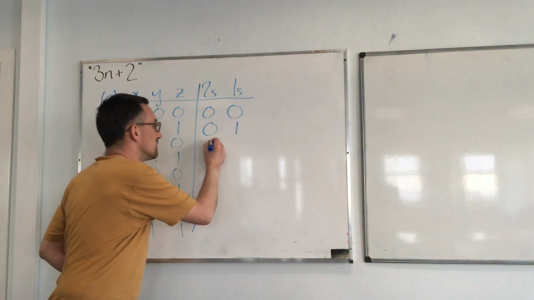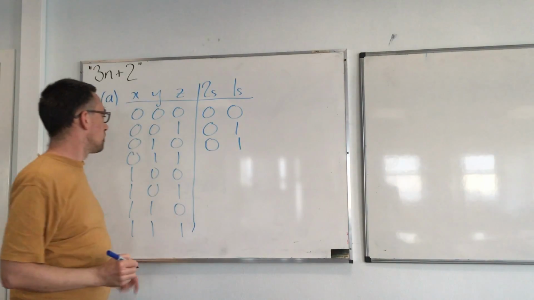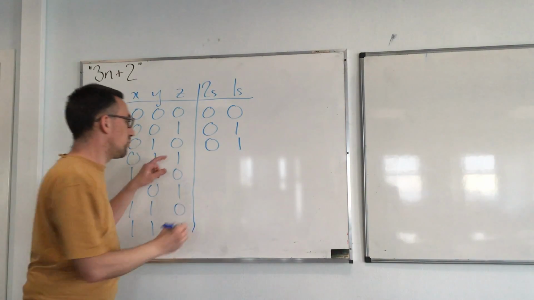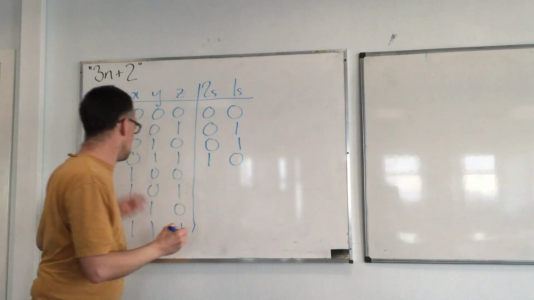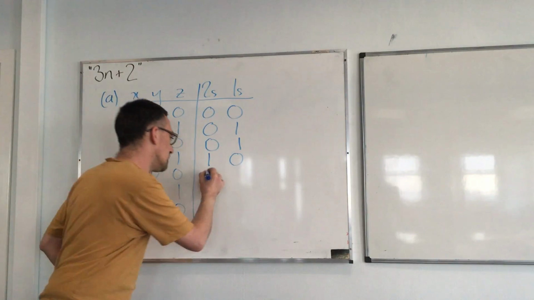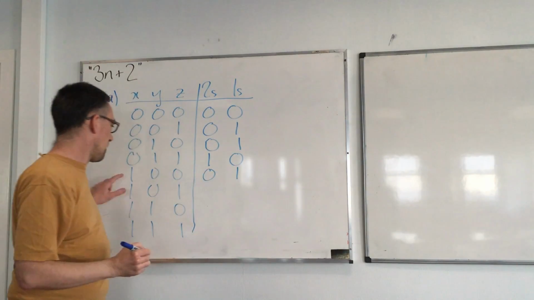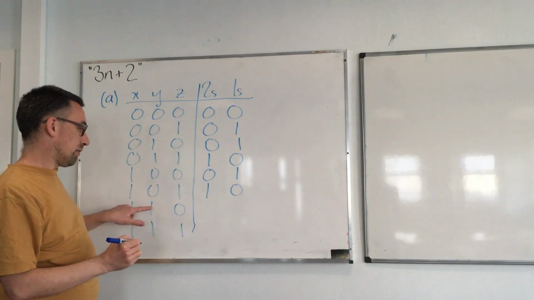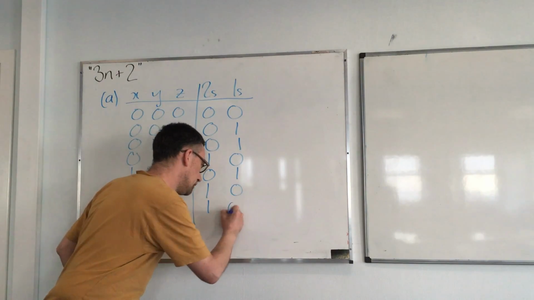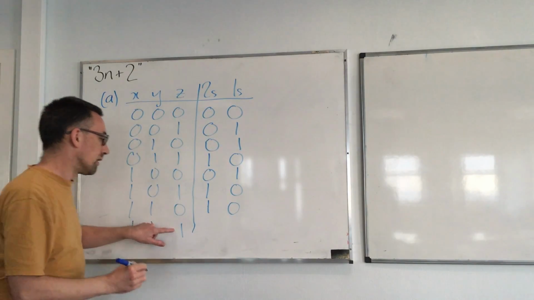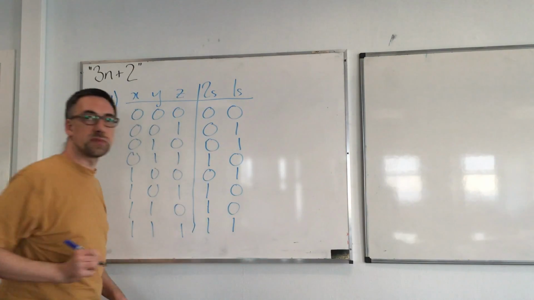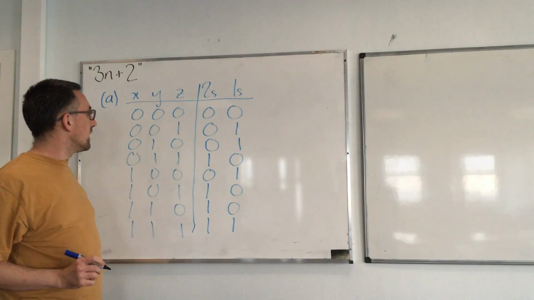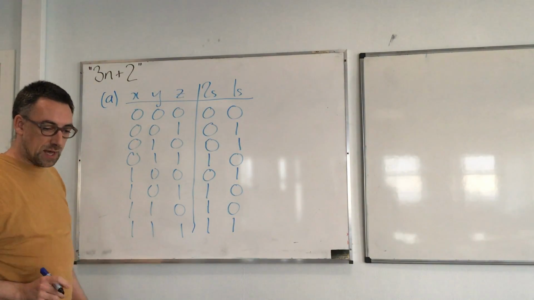And similarly, 0 plus 1 plus 0 is 1. 0 plus 1 plus 1 is 2. 1 plus 0 plus 0 is 1. 1 plus 0 plus 1 is 2. 1 plus 1 plus 0 is 2. And 1 and 1 and 1 is 3. So we have the truth table for a full adder.